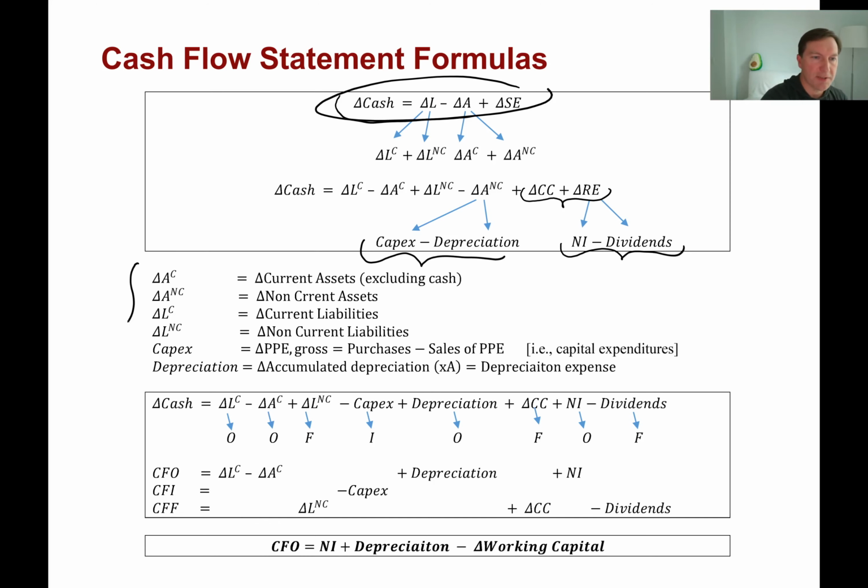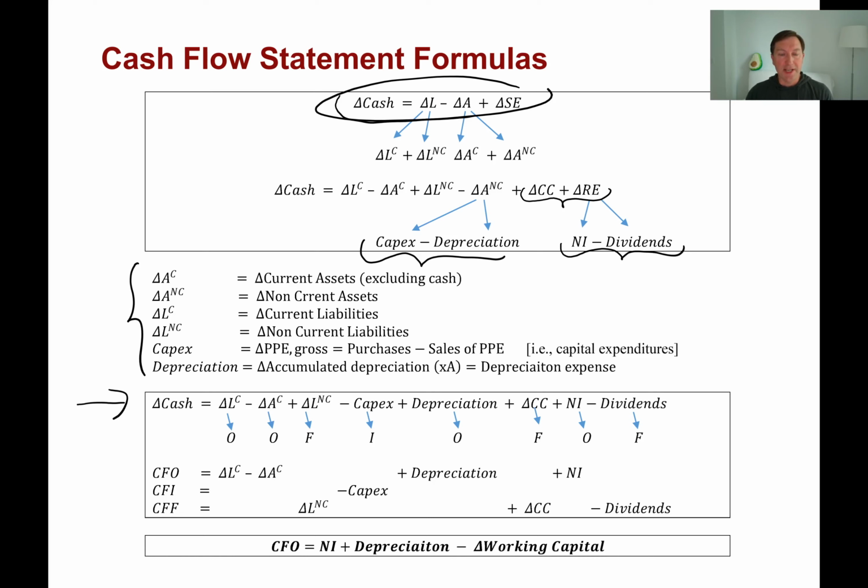All these variables are defined over here, so you can review this a little bit later, take a moment to understand it, because this is quite useful. But the basic idea is that we have now our equation written in a more detailed form. And then we take each of these changes and classify them as to whether it's related to operating activity, financing activity, or investing activity. Right?